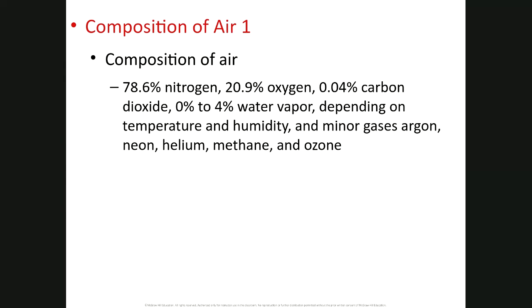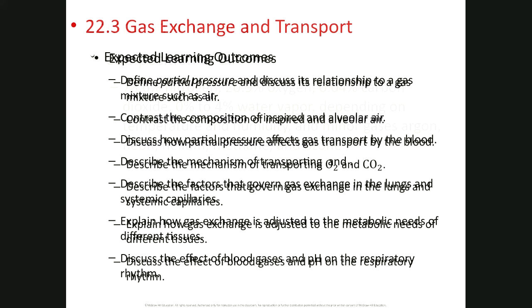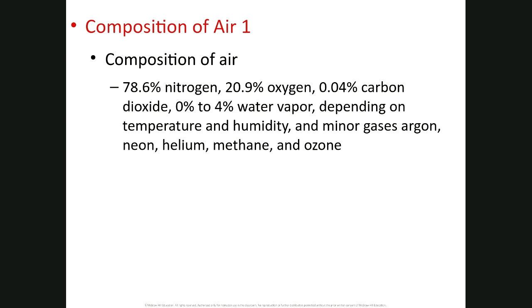All right, let's go to the next topic, gas exchange and transport. Air is 78% nitrogen, 20% oxygen, a mix of many gases. So every part of this is a complete set. The parts we call PO2, the pressure of O2, PCO2, the pressure of carbon dioxide, and so on.